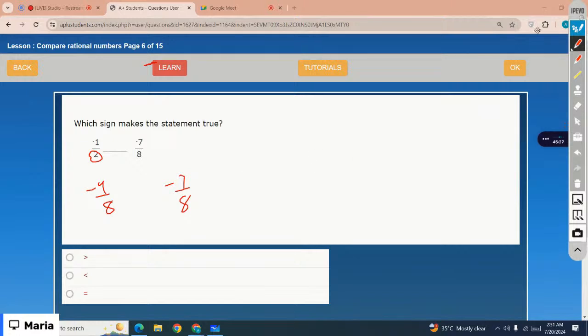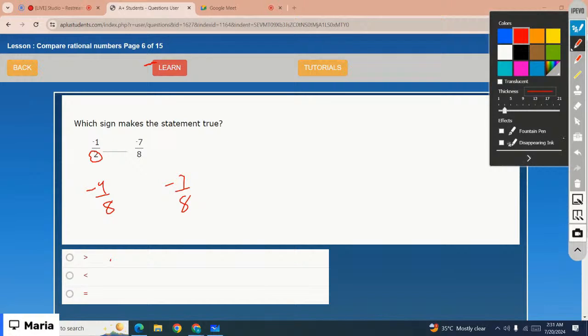Yes, negative 4 by 8 is greater than negative 7 over 8. Option number 1 is the correct option.